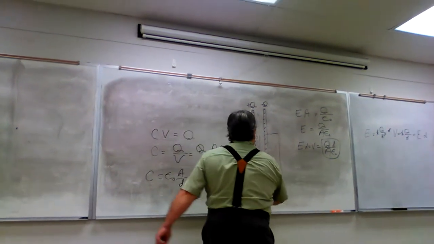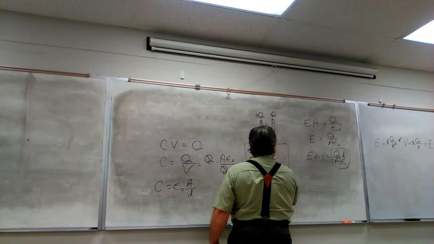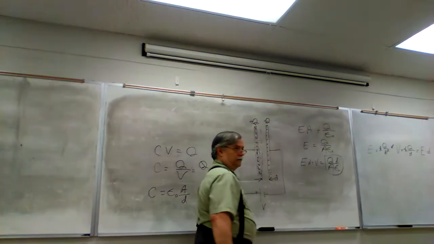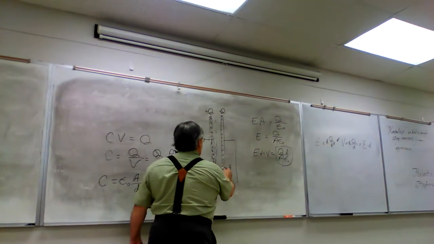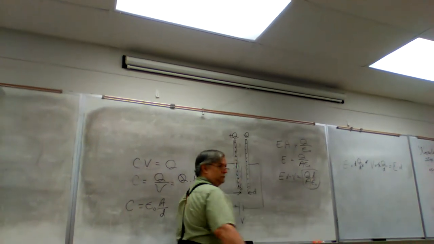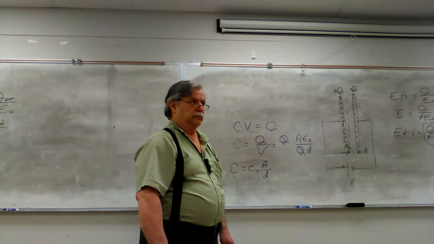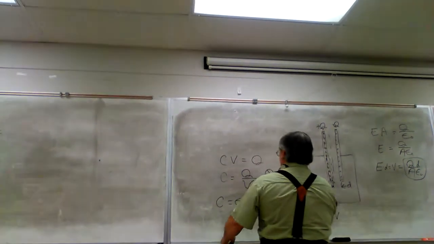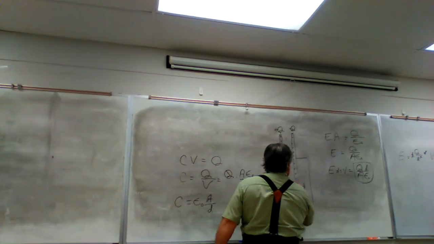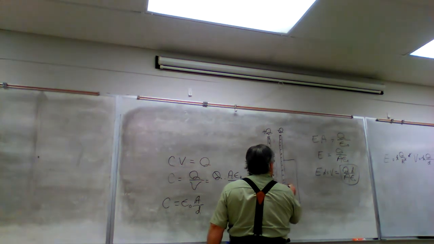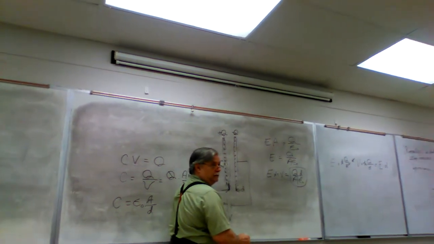You understand that the voltage I'm talking about is the voltage here relative to there. So this is the distance. Everybody understand that? When I'm talking about what voltage this is, right here, I'm talking about the voltage here relative to there.